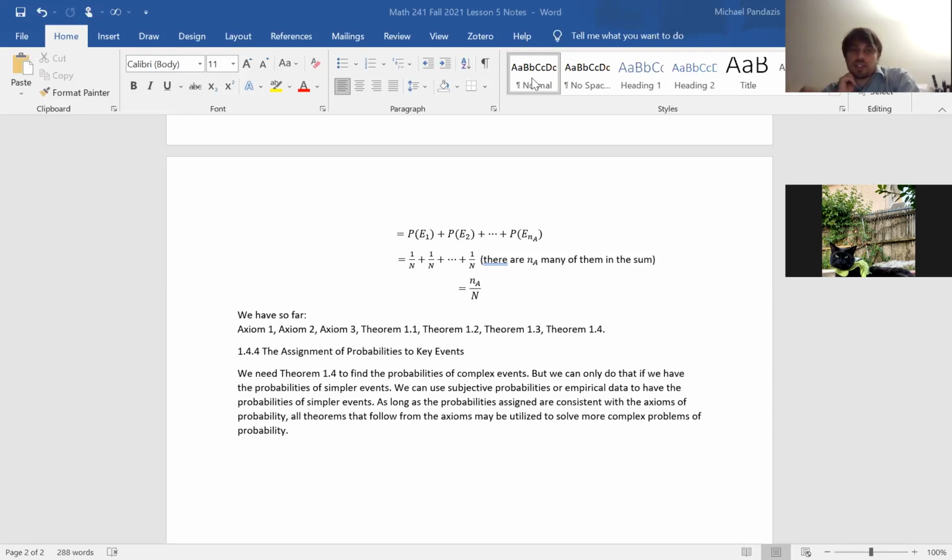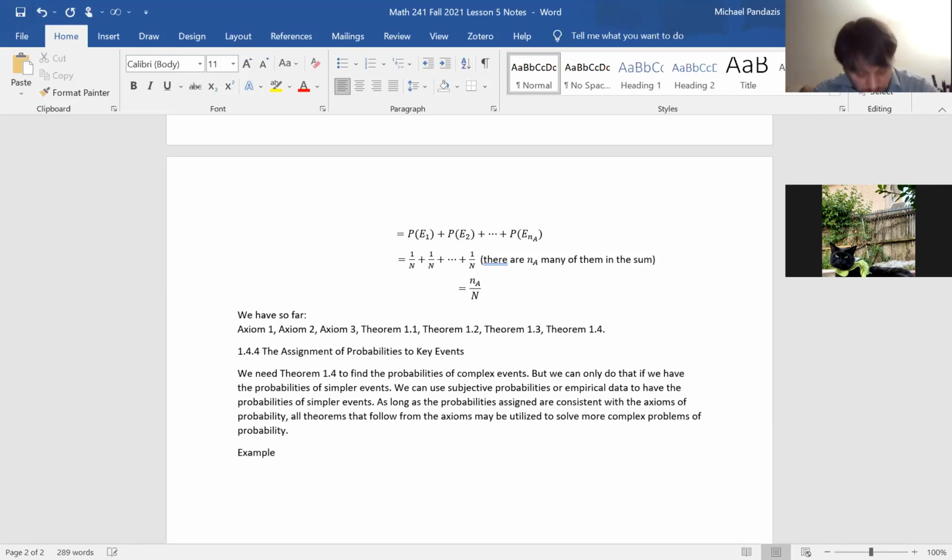You can't assign anything you want. For instance, if I said there's a 50% chance it's going to rain and a 40% chance it's not going to rain, then that would also contradict the axioms of probability. Right, so there can't be a problem with the probabilities I assign. Okay, but as long as there's no problem with them, then you can use the entire theory of probability from those assumed probabilities to find more complicated ones.